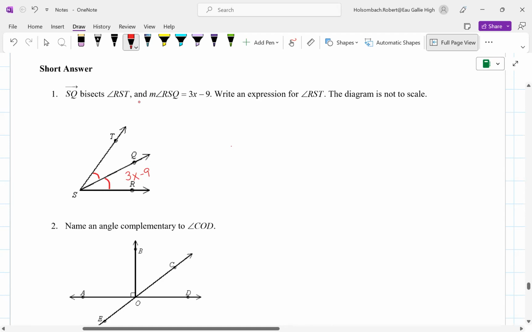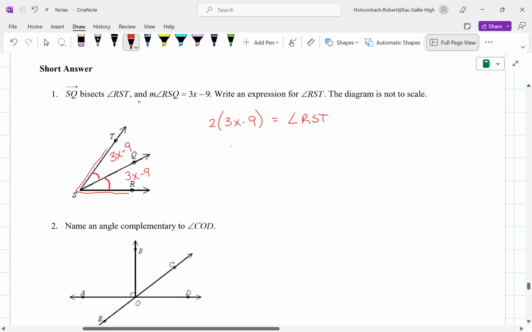All right, so you need an expression for the big angle, RST. Well, if these two angles are congruent to each other, then this angle is also 3x minus 9. So the expression for the big angle would be that 2 times 3x minus 9 is equal to angle RST.